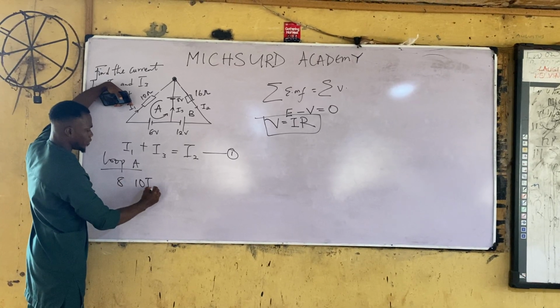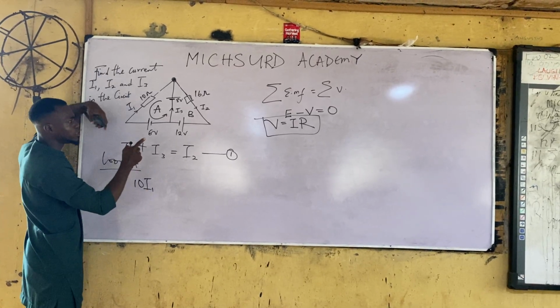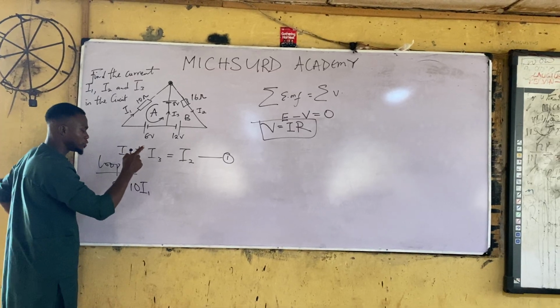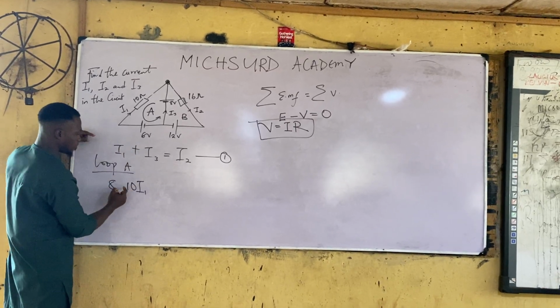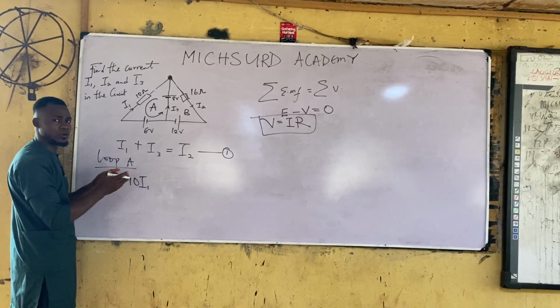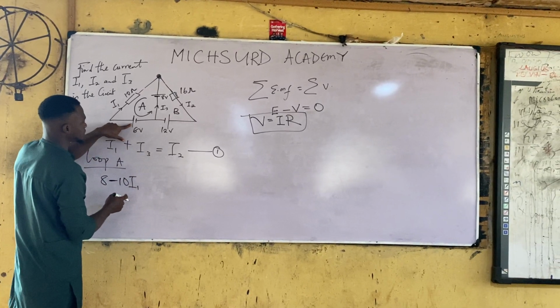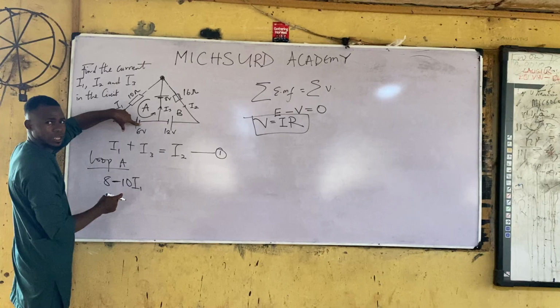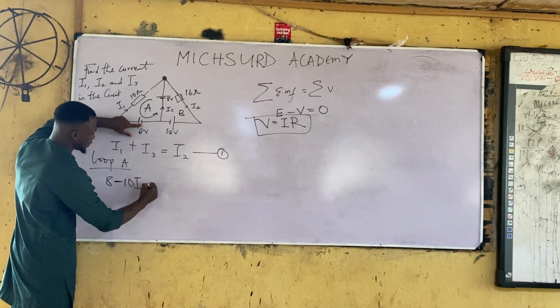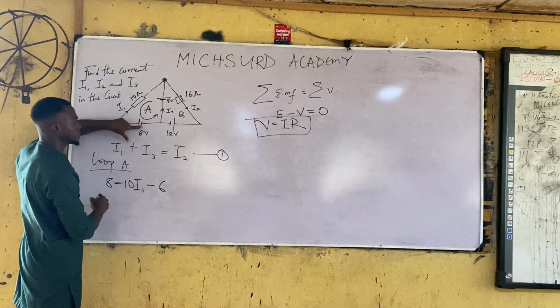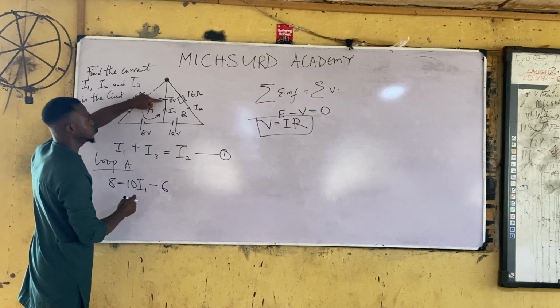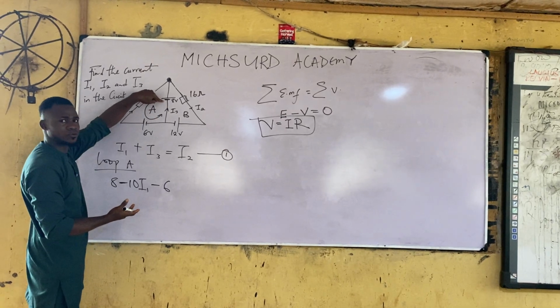Remember, when we deal with potential drop, we are going to be looking at a minus because of the word potential drop. Now, if we keep on moving in that direction, we meet a positive and then we meet a negative. That will give us a minus 6. Now, if you keep on moving that way, you see we'll get back to the position we had before.